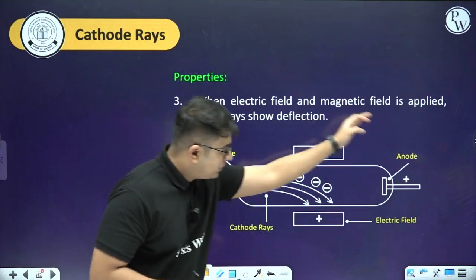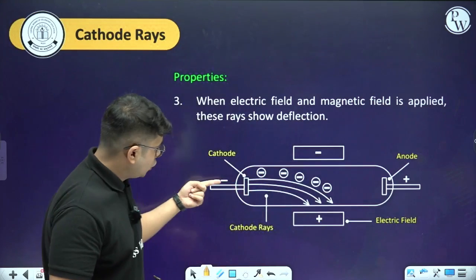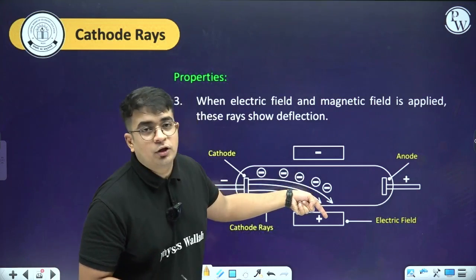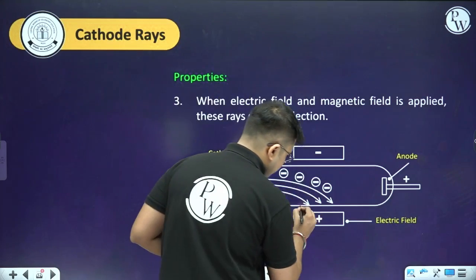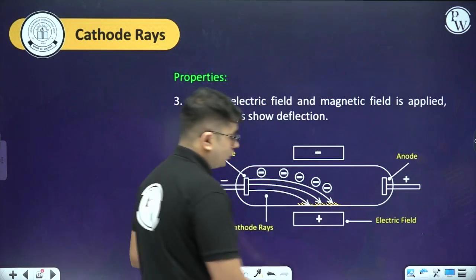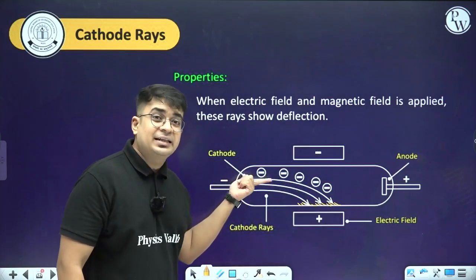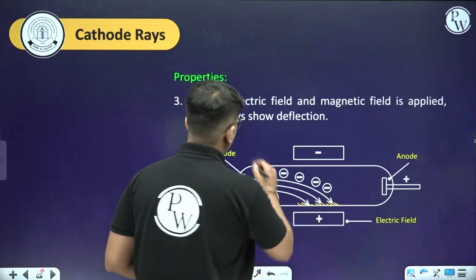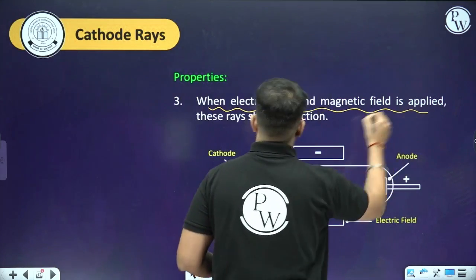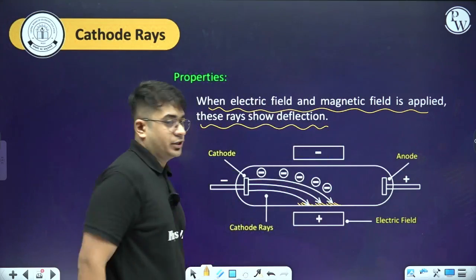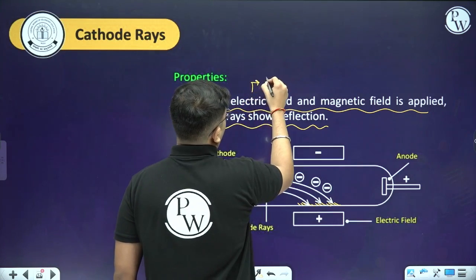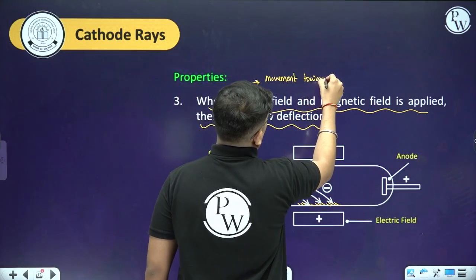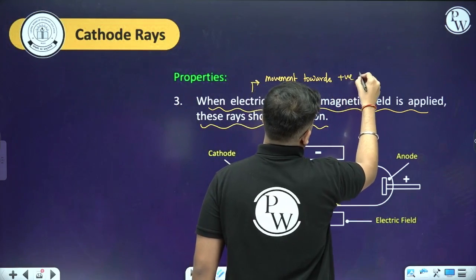Now when I applied the electric field, they saw that the motion of these rays was towards the positive terminal, and they saw scintillations on this side only, which shows that if something is negatively charged, it can only be attracted to the positive charge. So when the electric field and magnetic field are applied, these rays show deflection. In the case of the electric field, they move towards the positive terminal.